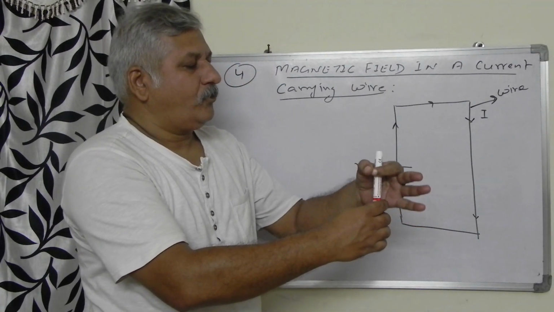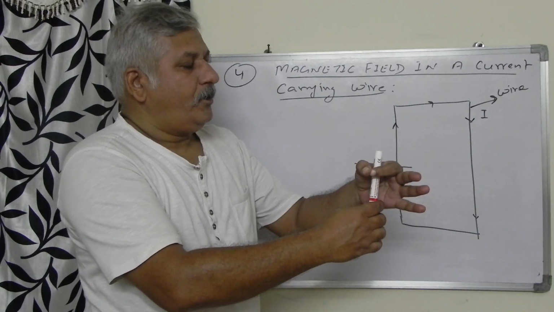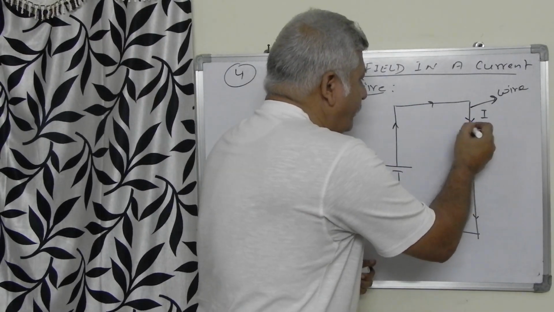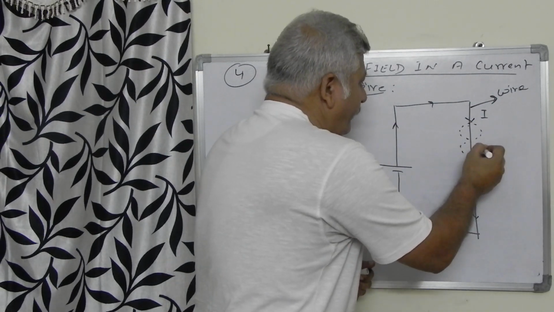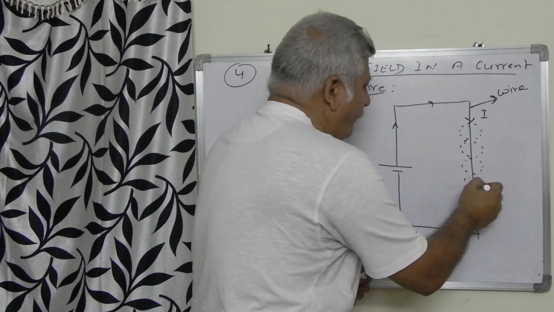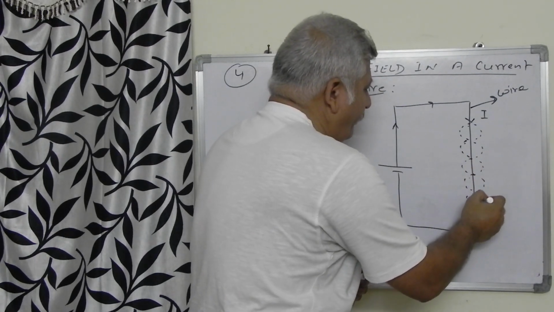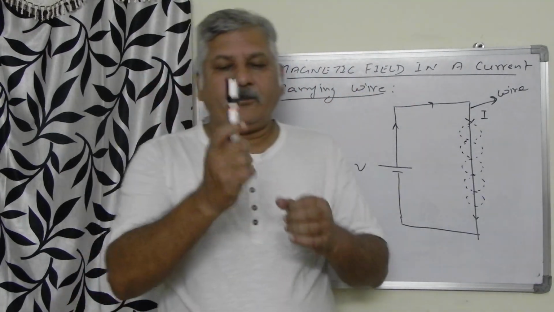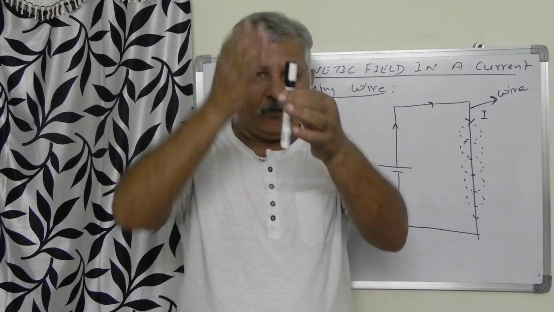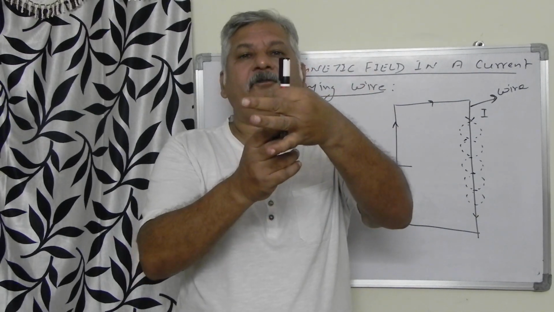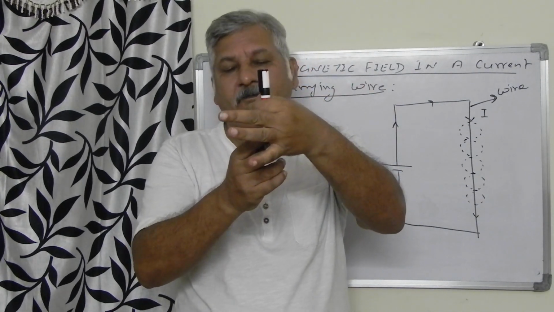Right? So in this way you can find the magnetic field is produced here. This circular type of magnetic field will be produced. Now see, the direction of the current is vertical, so the direction of the magnetic field will be horizontal.